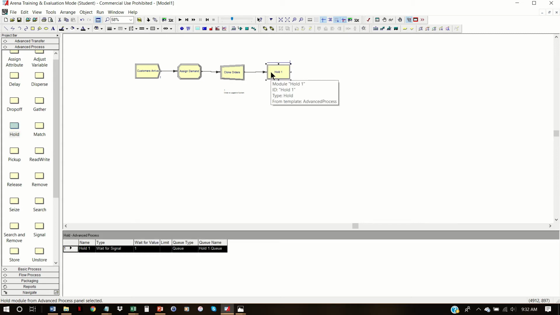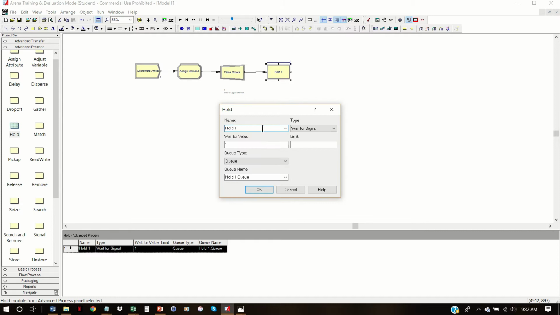So we're waiting until something happens. We're going to say wait for fulfillment. How do you spell fulfillment? I think that's correct. And then we're going to say that this is a scan for condition. So when a certain condition is met, then customers are going to pass through this hold. And if this condition is not met, then they're going to wait here until it is met.